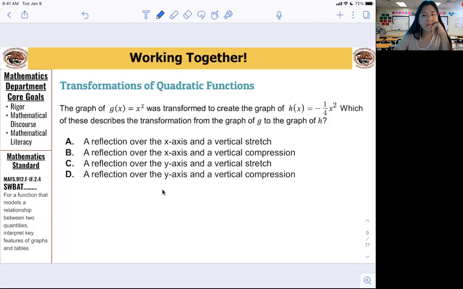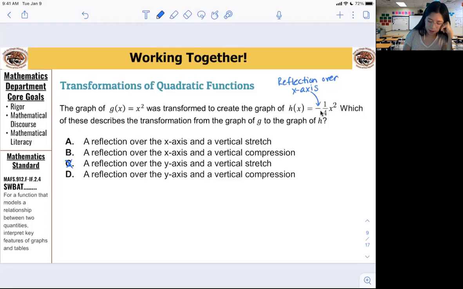X-axis? Do we agree? Do we disagree? What do we think? It is a reflection. And okay, I'm seeing some agreement, yeah, it is over the x-axis, not the y-axis.